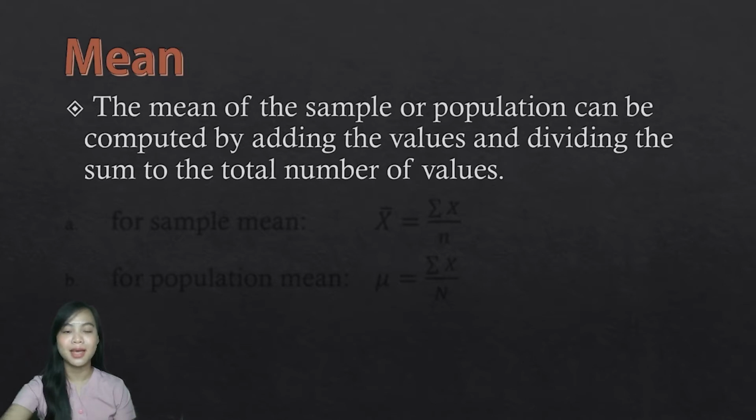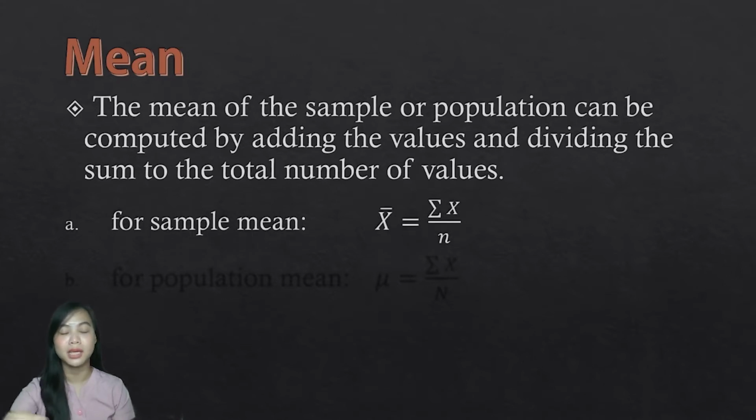which can be obtained through the process of sampling. So let's have the formula for the sample mean. We have the notation x bar. The formula is x bar equals the summation of your x values, the total of your x values, over n. What is this n?